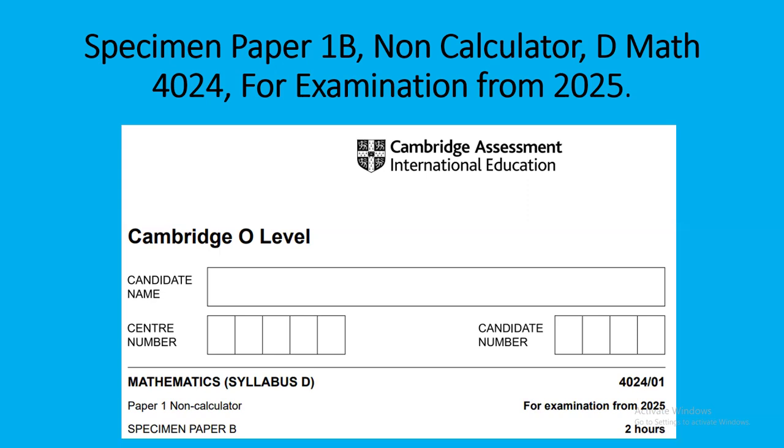In this video, I am going to present you the solution of this paper, and I will try my best to explain the concepts and show you what new topics have been added into the syllabus.